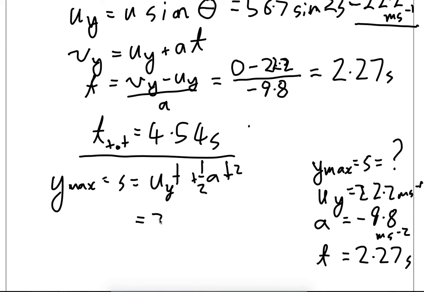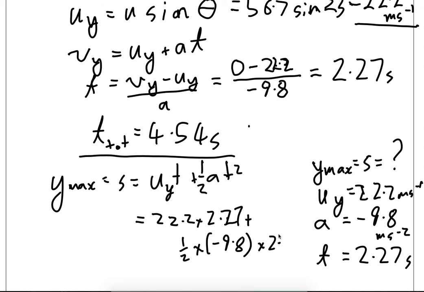So equals 22.2 times 2.27 plus a half times minus 9.8 times 2.27 squared.